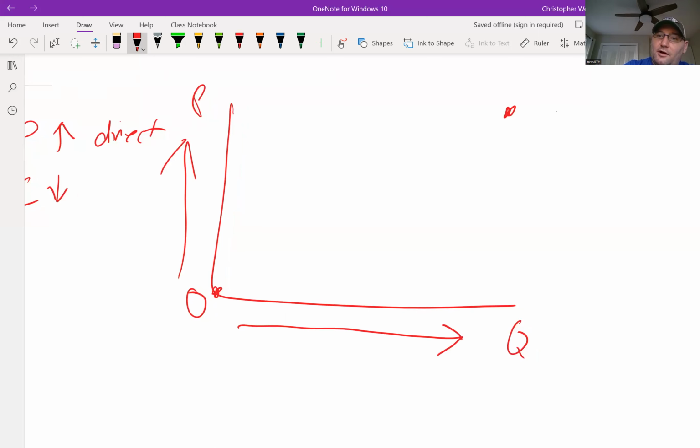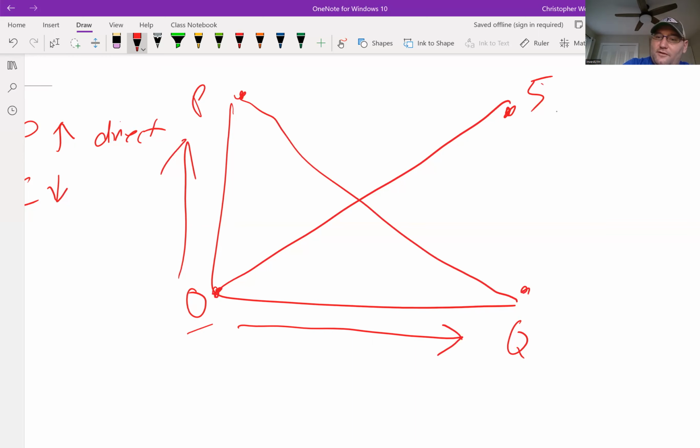So we have a supply curve that goes like that. And then we want to consume a lot at a zero price, but we want to consume less quantity at a higher price. Okay. So we know that the demand curve slopes downward this way. And what we find in economics is that this equilibrium point is the point where the price and the quantity match up.